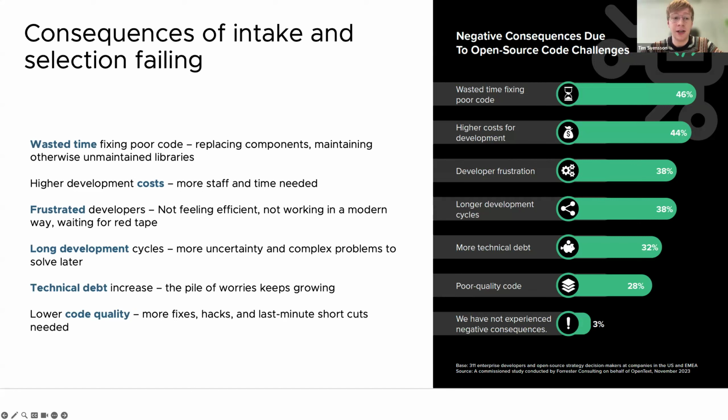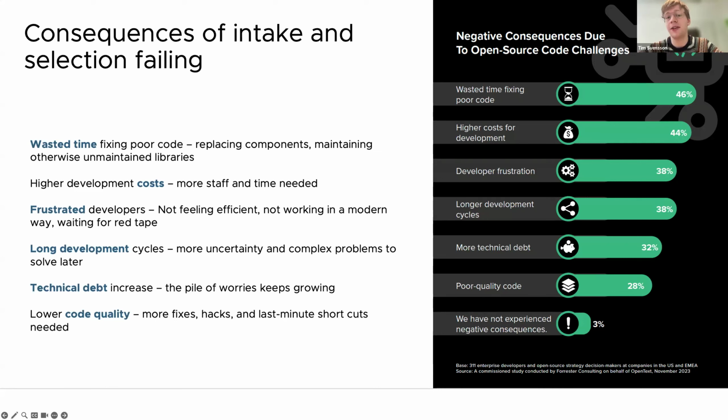Then we have more technical debt, because projects get unmaintained and suddenly you are depending on a few components that are not maintained, that you have to do workarounds for, that you have to replace, etc. So adding to the technical debt there. And then poor quality code, more fixes, hacks, last minute shortcuts to get past these technical debt problems and things introduced.